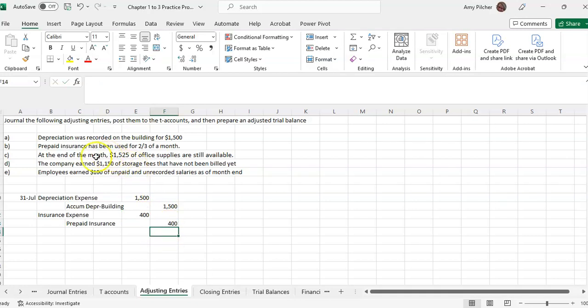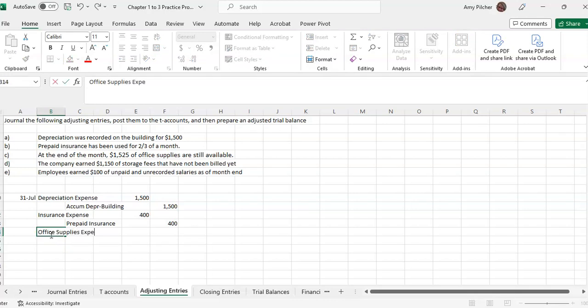Okay. Next, at the end of the month, $1,525 of office supplies are still available. So what that means is we need the final balance in our office supplies account to equal $1,525.